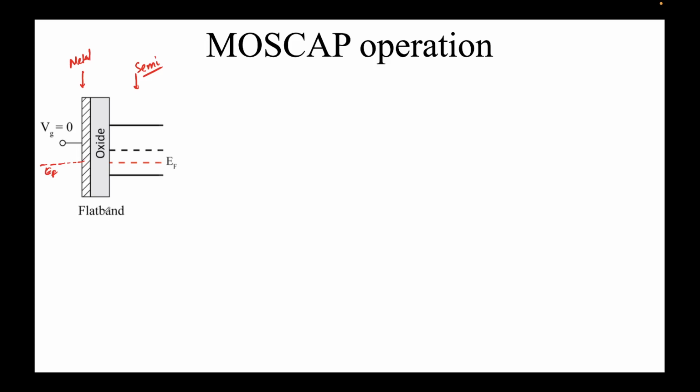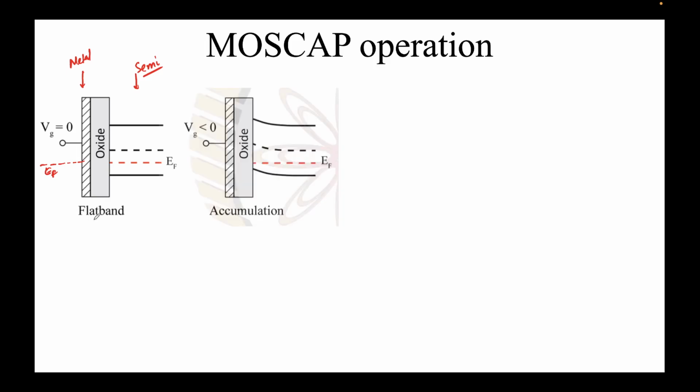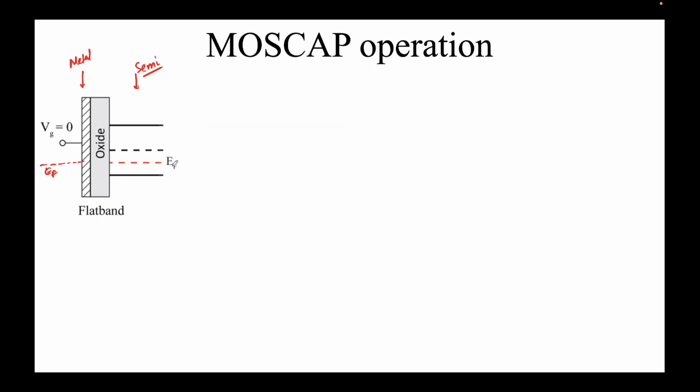A very non-creative name, but we'll work with that. Since EF is closer to EV, this is EV, this is EC, and the black dashed line is your EI. So we know this is a p-type semiconductor on your right.